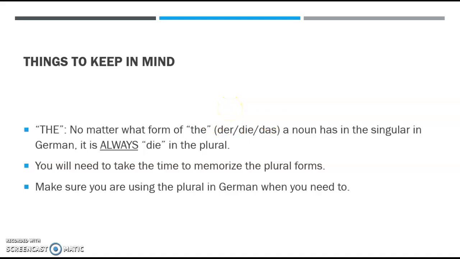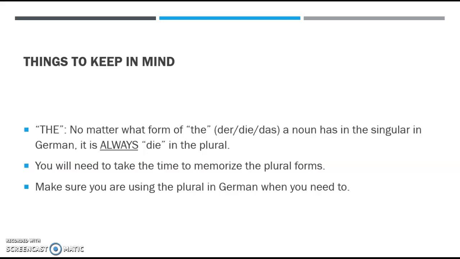So for some of the plurals, you may need to start memorizing those just like you did the forms of the before. But again, I think that's actually going to be easier than the forms of the, because you'll start to figure out patterns of when an E is put on the end or an EN is put on the end. And then make sure that you are using plurals when you need to.